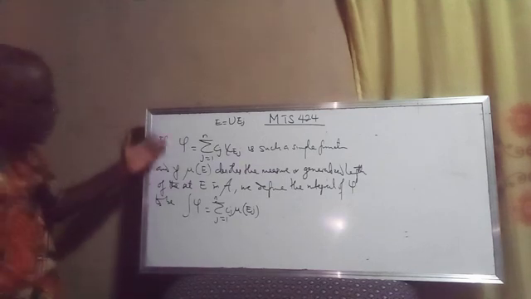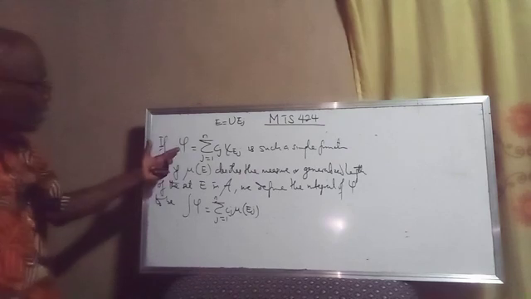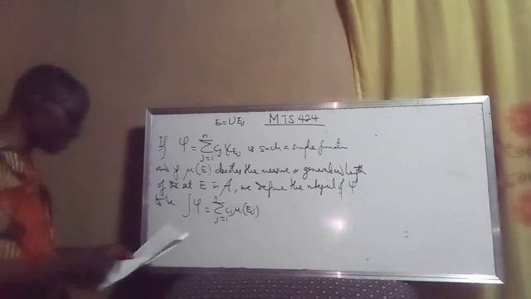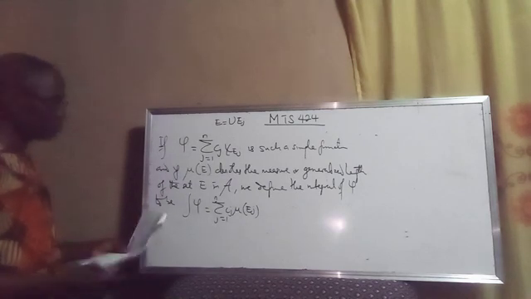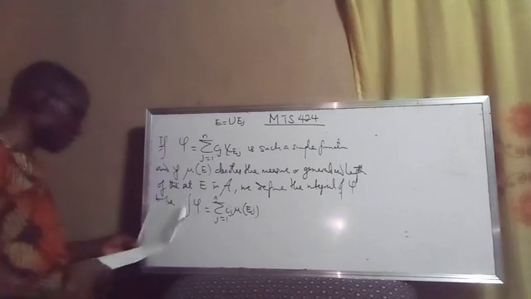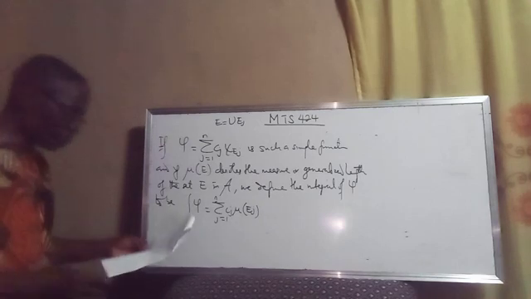So you can see how we connect the step functions to the simple functions. You can see the difference. Okay. So if f is a non-negative function defined on R, which is usually restricted, we shall define, can you see now, the Lebesgue integral of f to be the supremum.